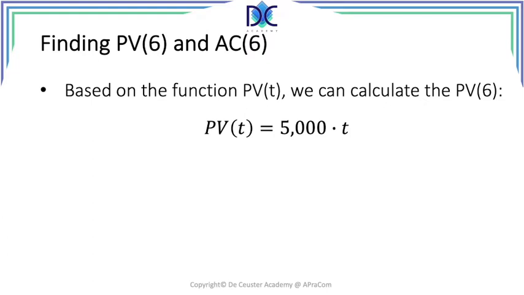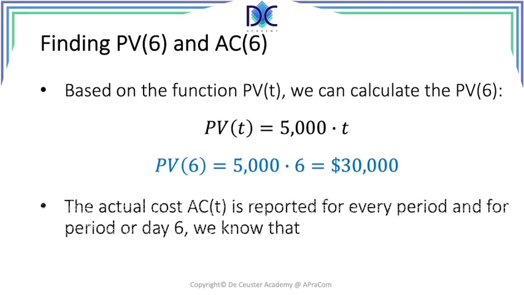We replace t by 6, and we find that the planned value for period 6 is 5,000 times 6, which is $30,000. The actual cost at period 6, basically the actual cost is reported for every period, and for period or day 6, we know that the actual cost is equal to $22,000.